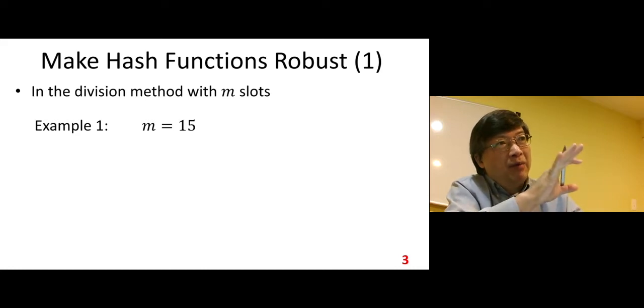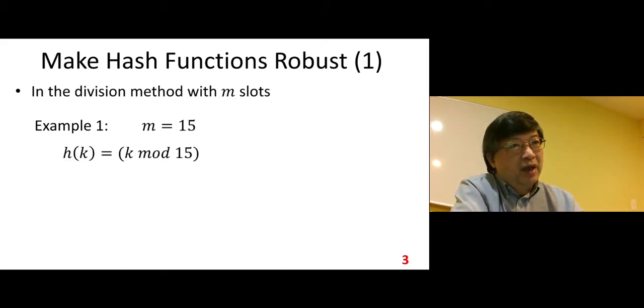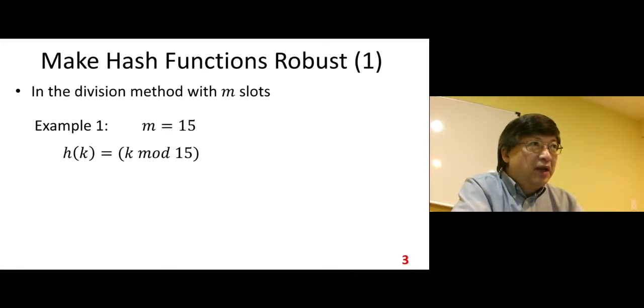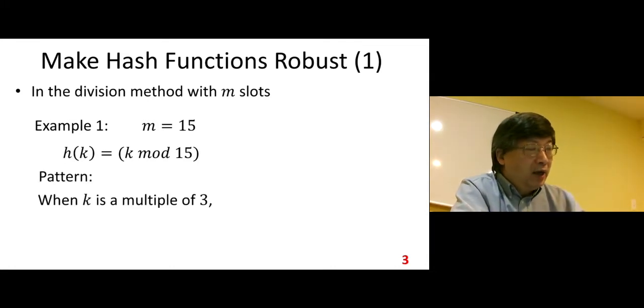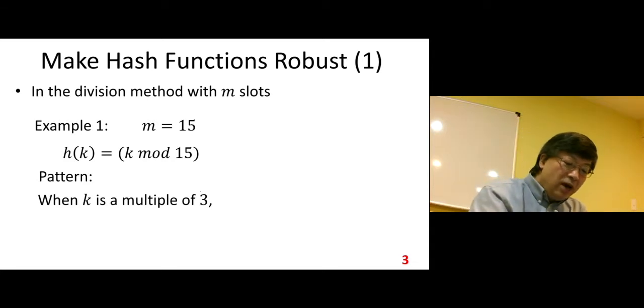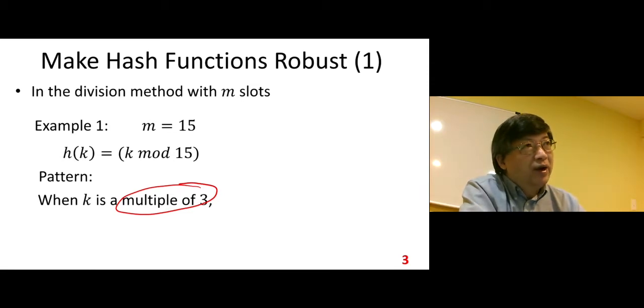So we map our keys into 15 slots, and we have this function. Now you can see, suppose there is a pattern in the data. What pattern? When the key is a multiple of 3. Suppose all our keys have this property, this special pattern.